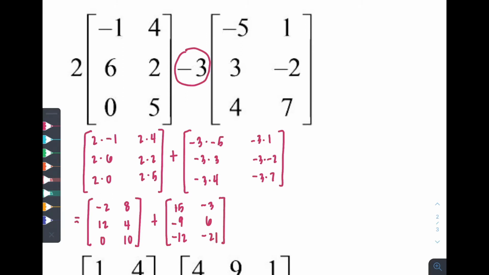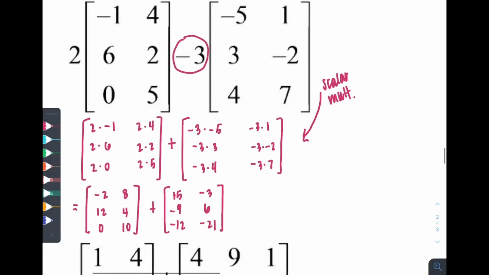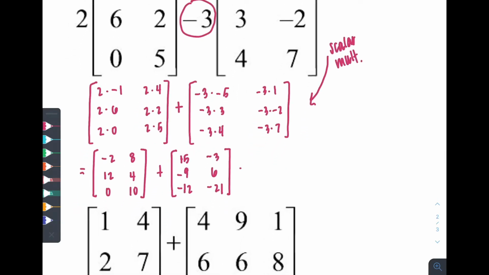So what we did up to this point, this is matrix, or I'm sorry, scalar multiplication is technically what we call it. Scalar multiplication. All right, so now we're going to do matrix addition right here.